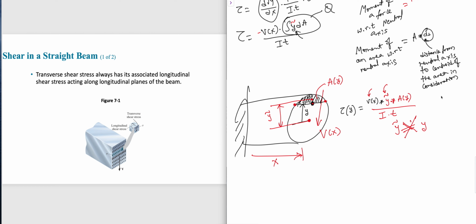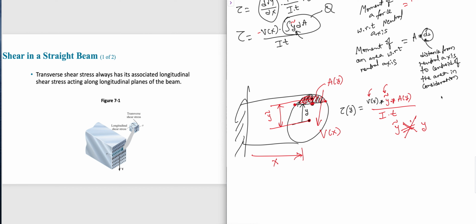But what is y? Y is the point of consideration. Y tilde is the centroid of the area above the point of consideration. So this is the point. Y tilde is the distance between the centroid of that area and the neutral axis. So y tilde is not the same as y.